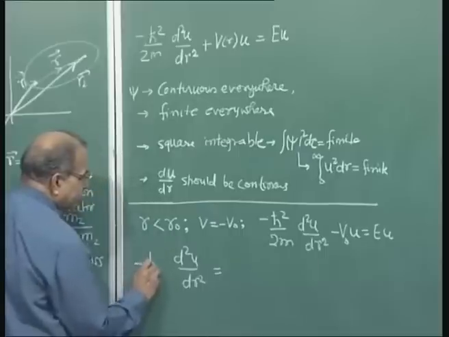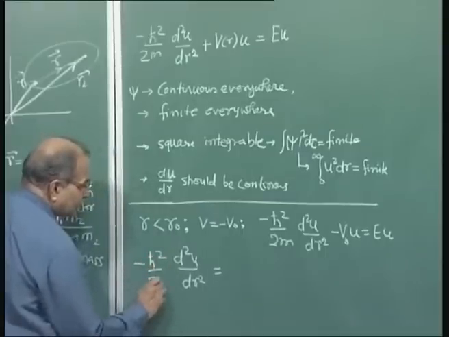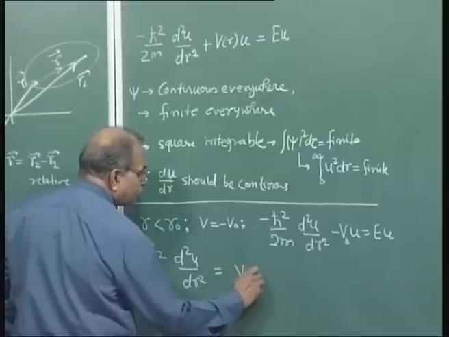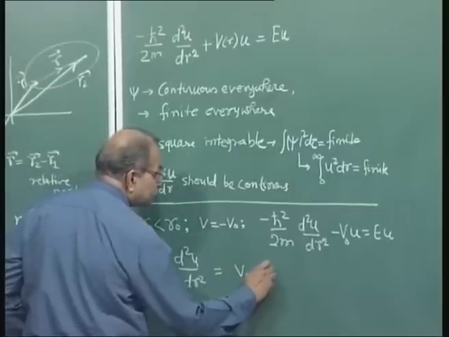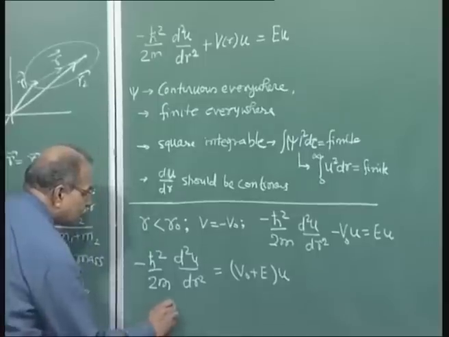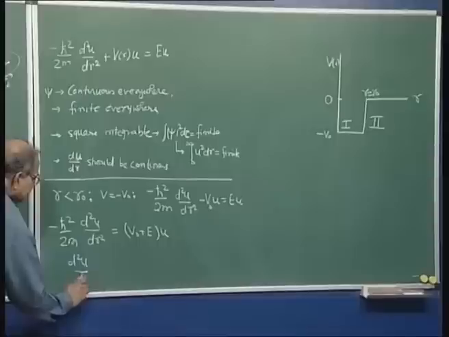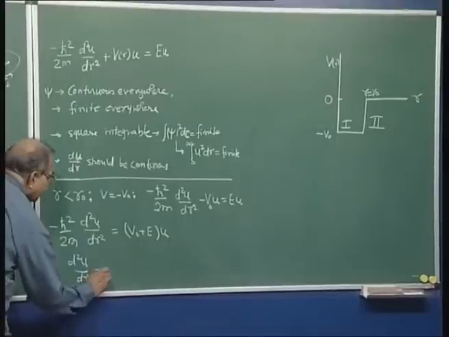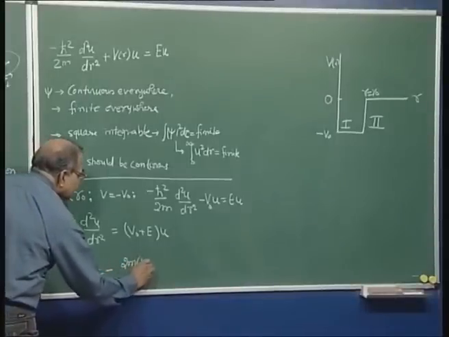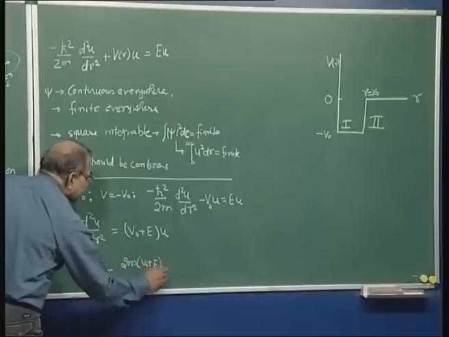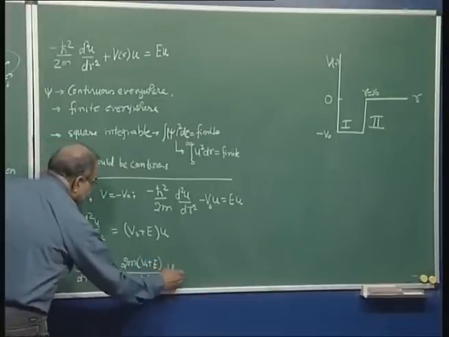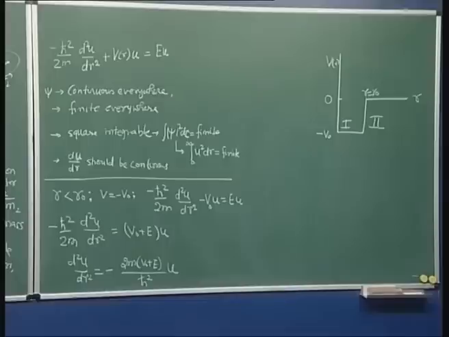Let me write: minus h cross square by 2m d2u/dr square is (V naught plus E) times u, right. So d2u/dr square is minus 2m (V naught plus E) over h cross square times u, correct.